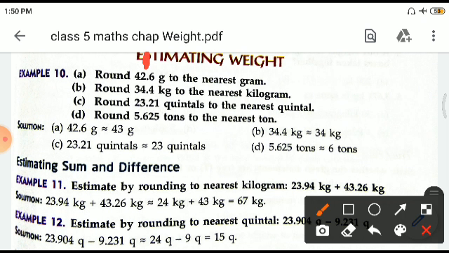If it was to be nearest decigram, then it is already approximated.